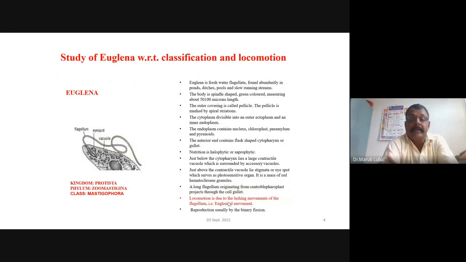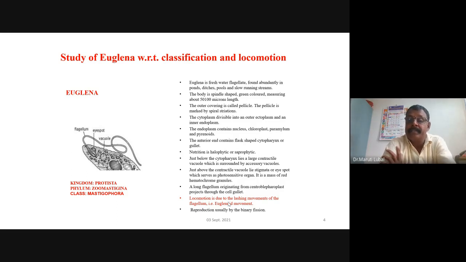Second animal is Euglena. Euglena is a freshwater flagellate found abundantly in ponds, ditches, pools, and slow-running streams. The body of Euglena is spindle-shaped, green-colored, measuring about 50 to 100 microns in length.